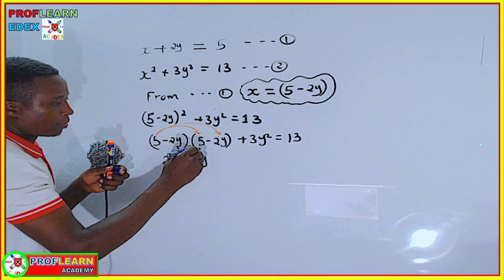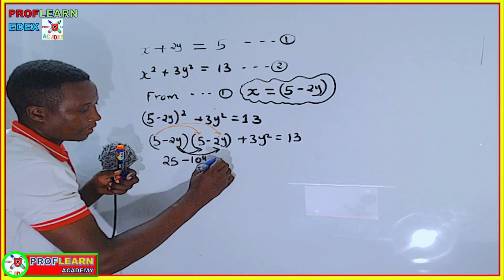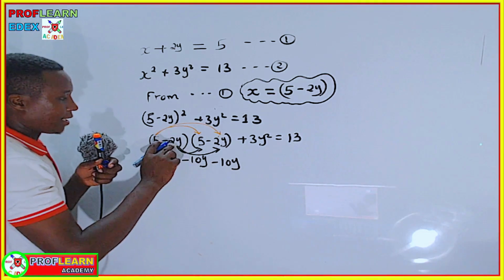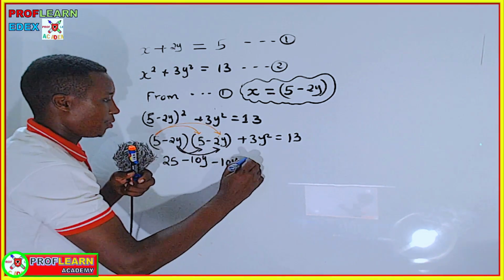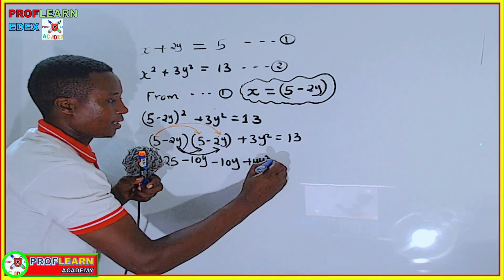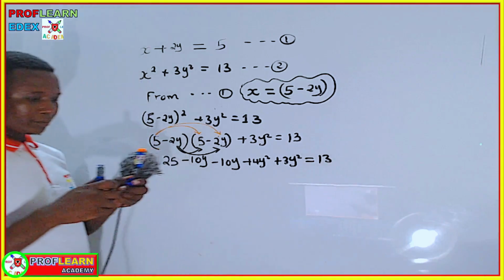Next, we multiply negative 2y by 5, which is negative 10y. Negative 2y times negative 2y gives positive 4y squared, plus 3y squared equals 13.